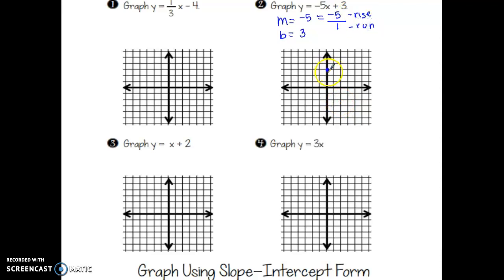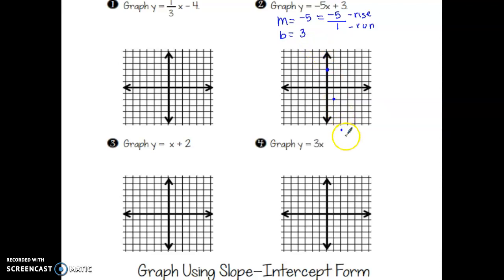My rise is negative 5, so 1, 2, 3, 4, and 5 units. And my run is a positive 1, so I'm going to move to the right. Do I have enough space? No, but let's pretend.